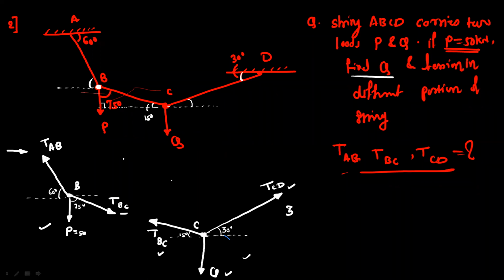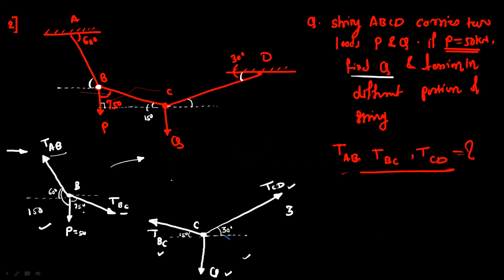If you want to use Lami's theorem, then we must know all the angles. Here for tension AB, the opposite angle is 75 degree. For tension BC, this total angle is 90 plus 60, which is equal to 150.